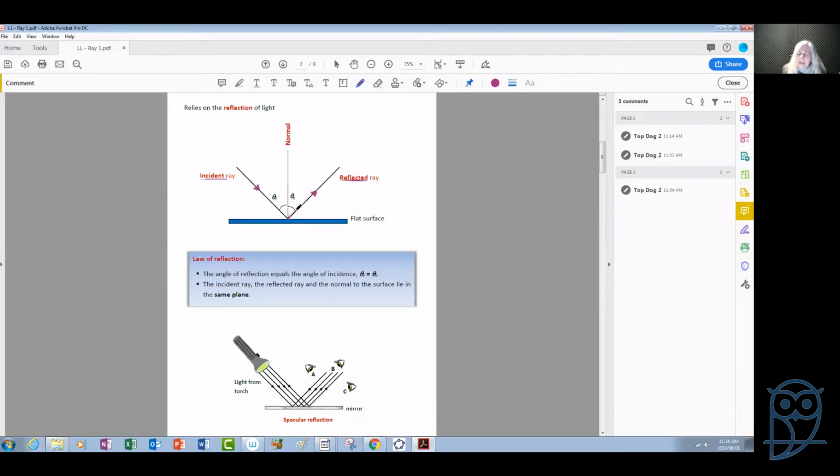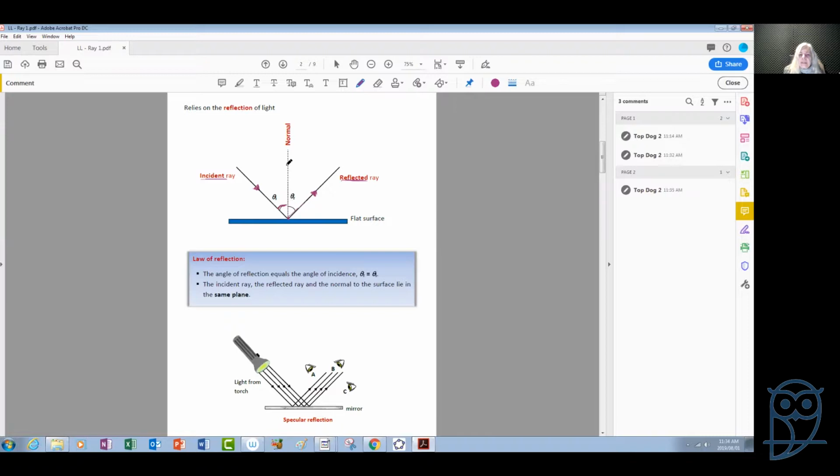Now look, we need to pay extra attention to what we mean by angle of incidence and angle of reflection. And look at this. This is the angle of incidence. This is the angle that forms between the ray and a line normal to the surface that we draw, in other words, perpendicular to this surface.